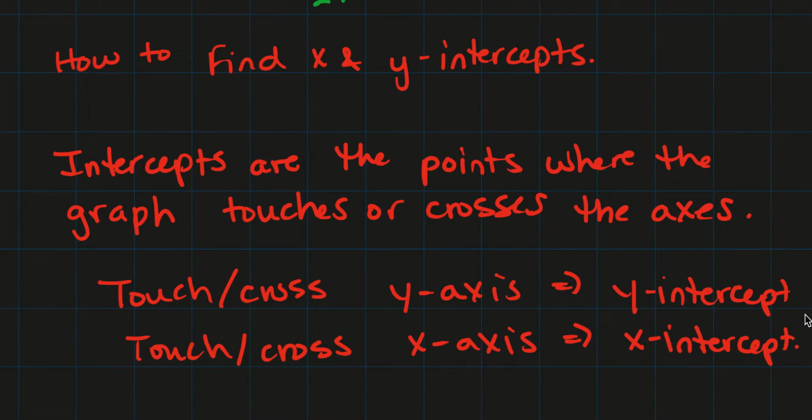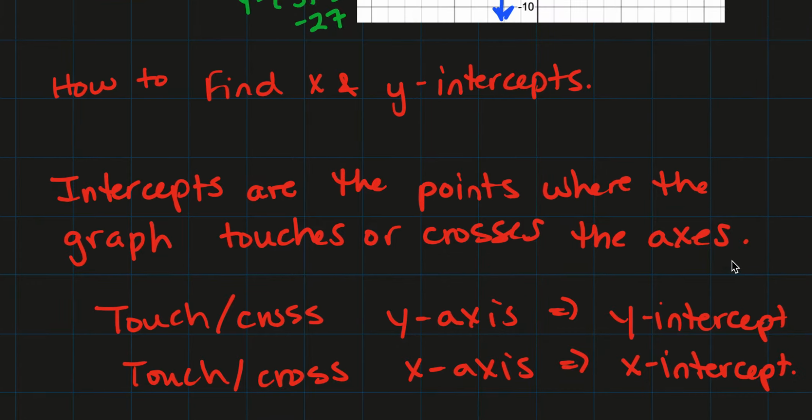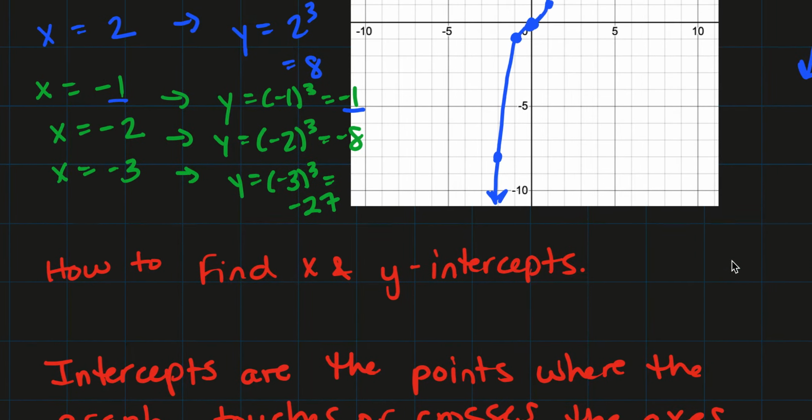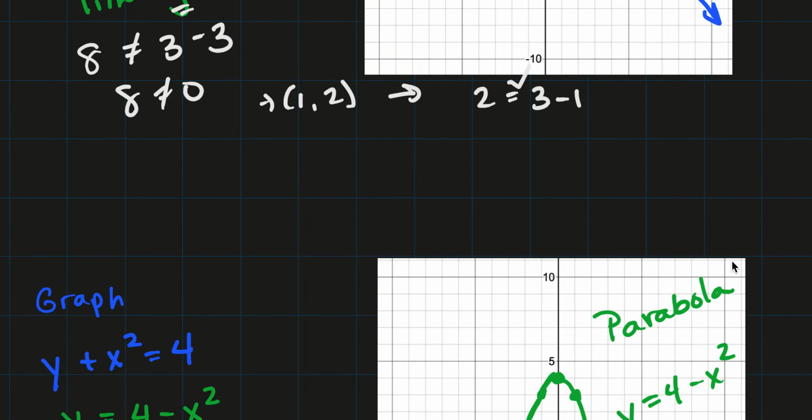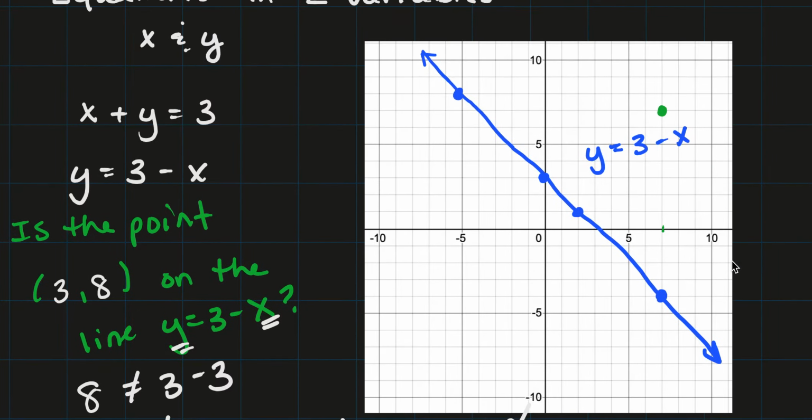Let's look back at the graphs we've already done. Let's see if we can figure out some x and y intercepts. Let's start with the very first one. Let's move back. This x plus y is equal to 3. Where do we touch the x and the y axis? So look very closely. So here's the y axis. We touch this graph right here.